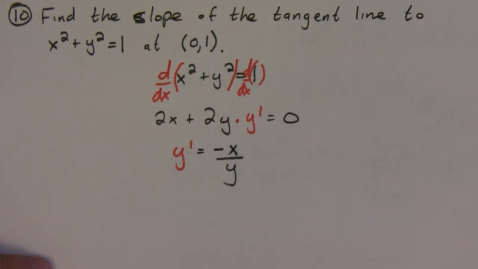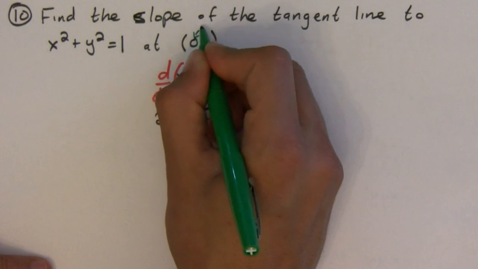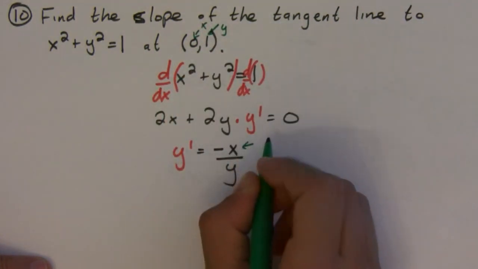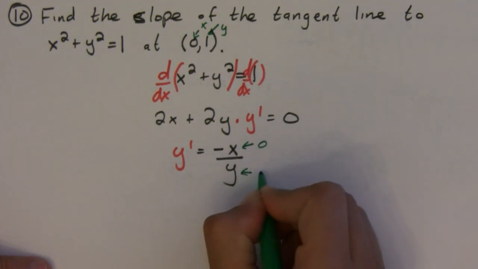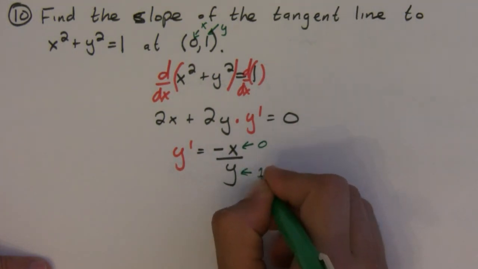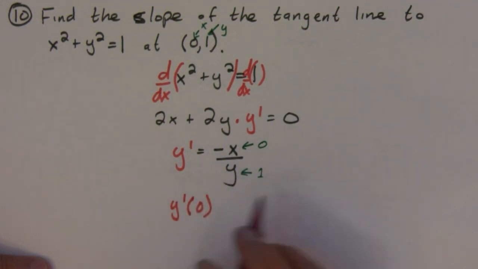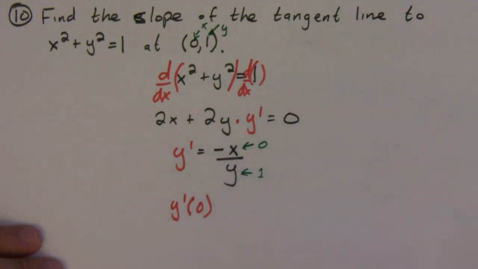And so then all we have to do is plug in our point. This is our x value, this is our y value. And so here we get that the derivative at 0, or the slope of the tangent line at 0, is equal to 0.